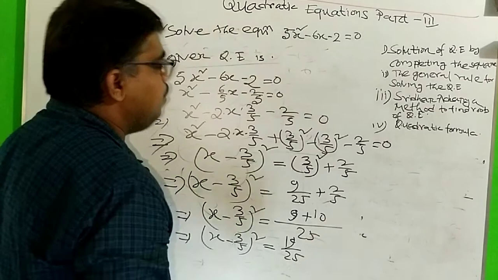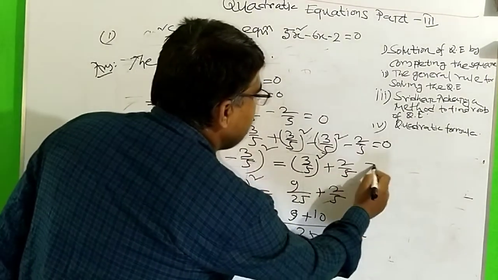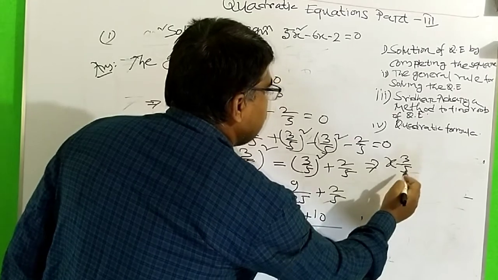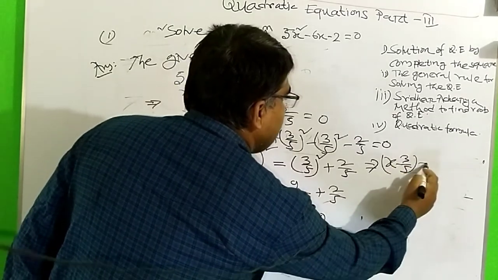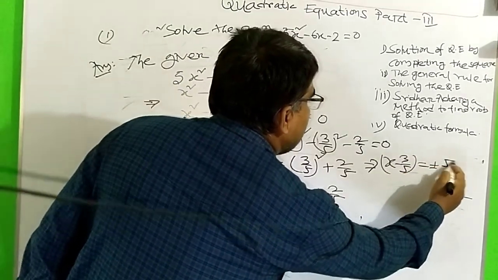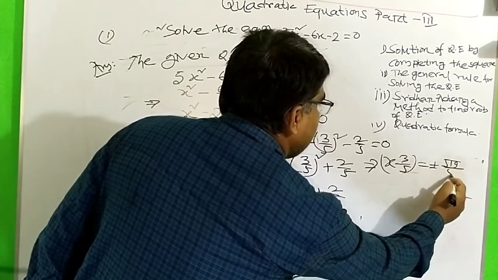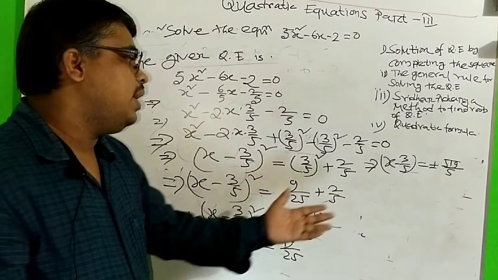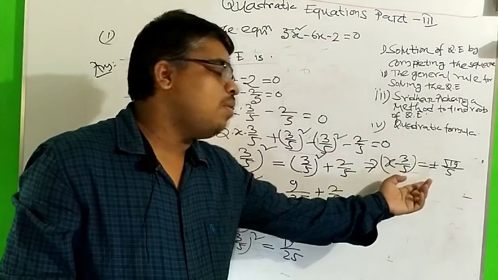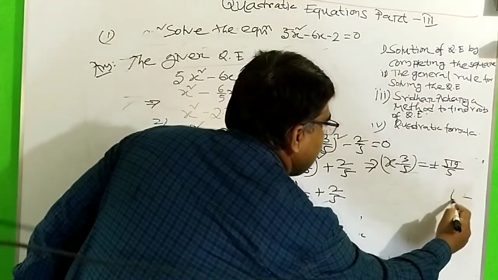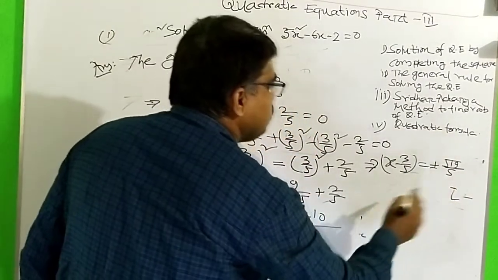Now this implies x minus 3 by 5 equal to plus minus root over 19 by 5. We take square root from both sides.